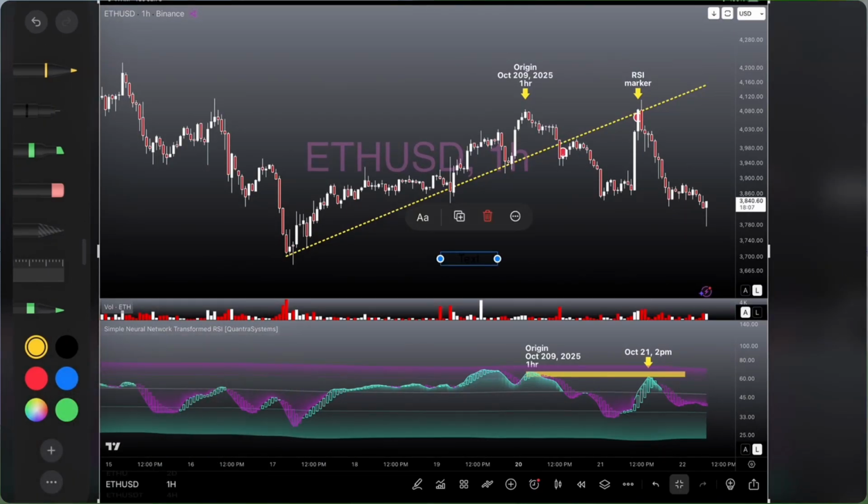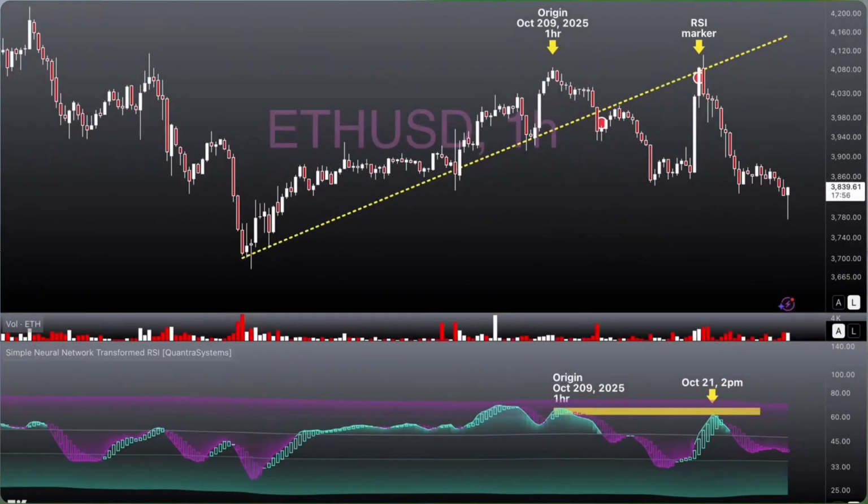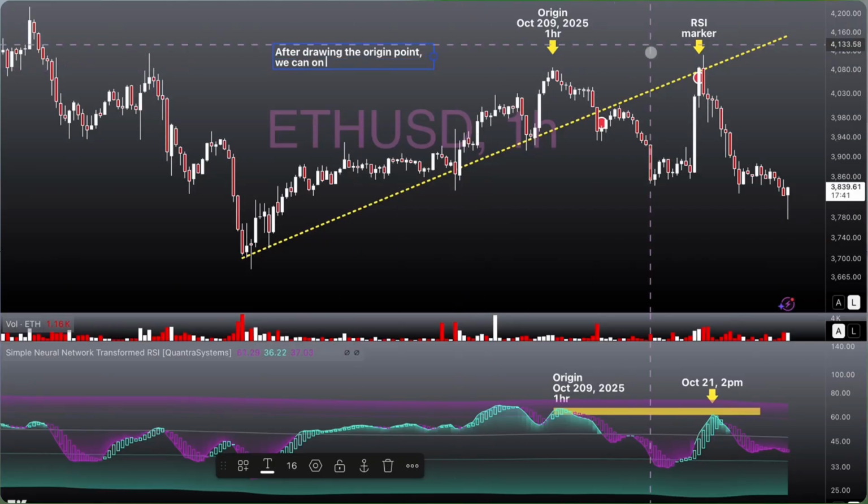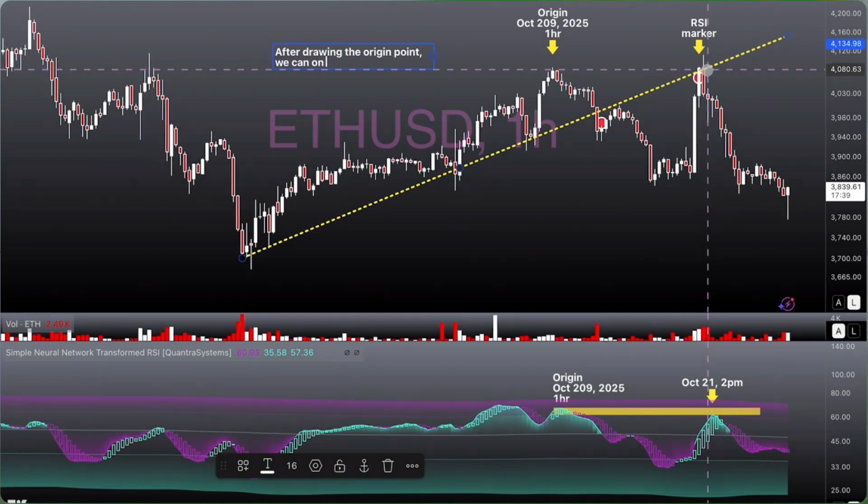Now let me add some text for context. I like what I did there. After drawing the origin point, we can see, when was the 21st? Today's the 22nd. We can see on Tuesday that RSI was signaling a top.